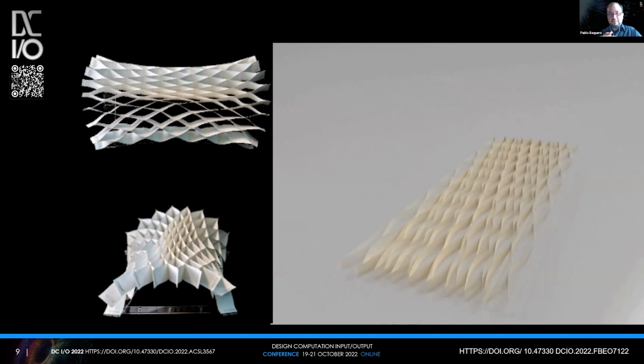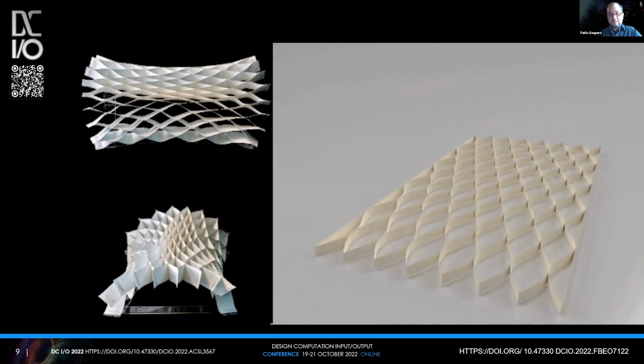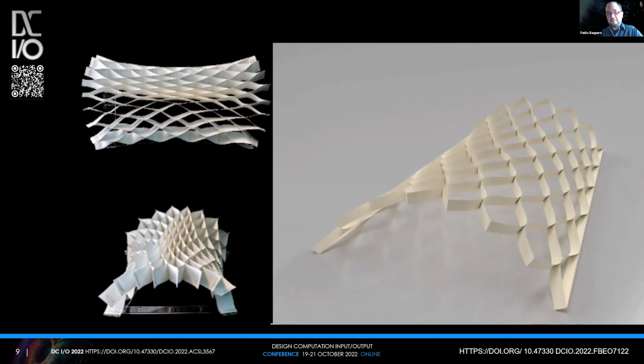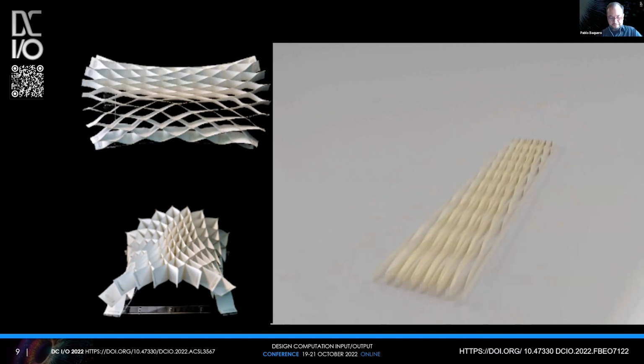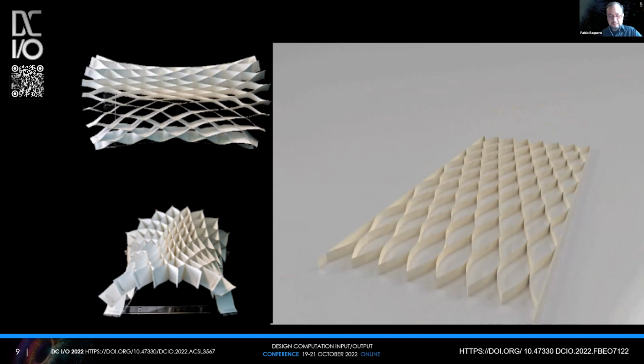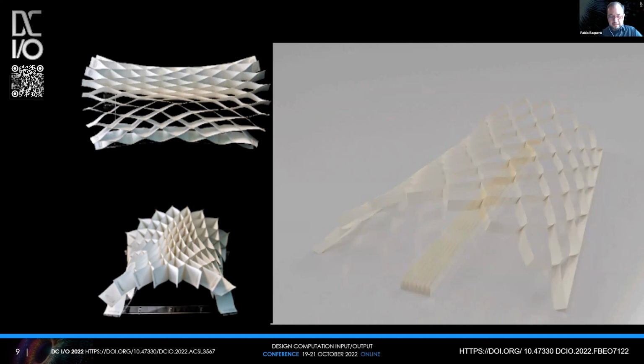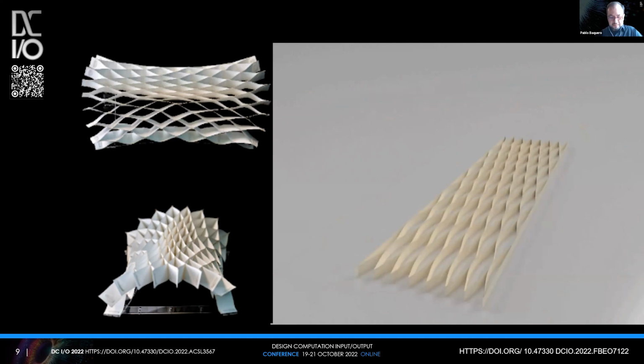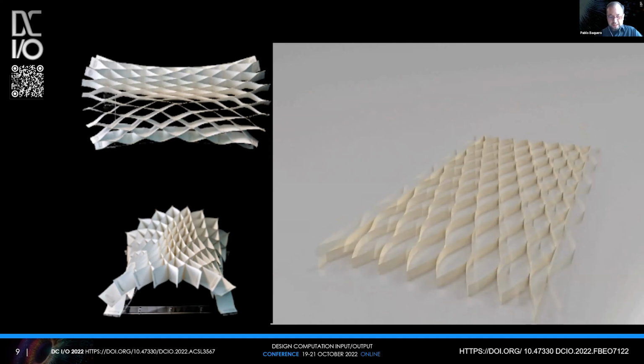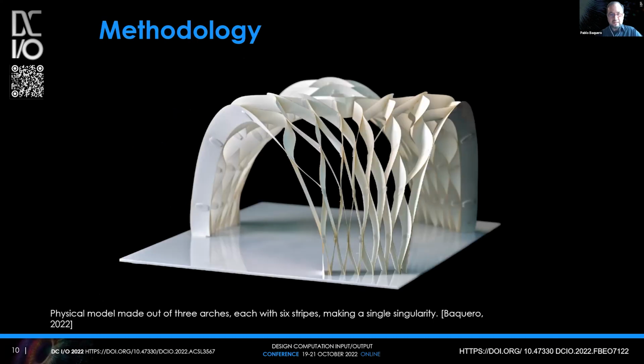This is just a set of continuous stripes that are deployed, and once they are deployed, they have a double curvature state. Basically, this is a negative Gaussian curvature.